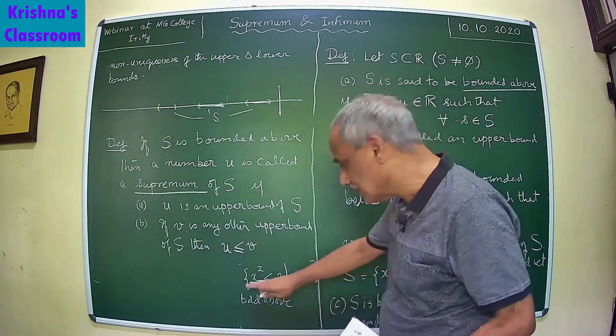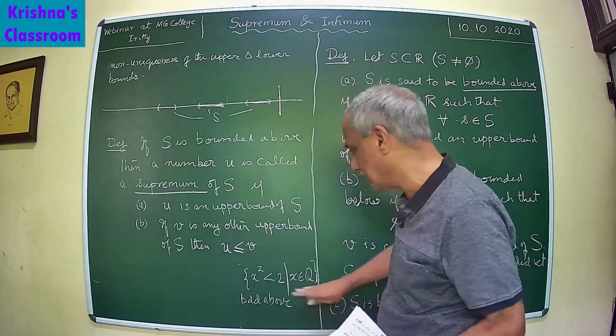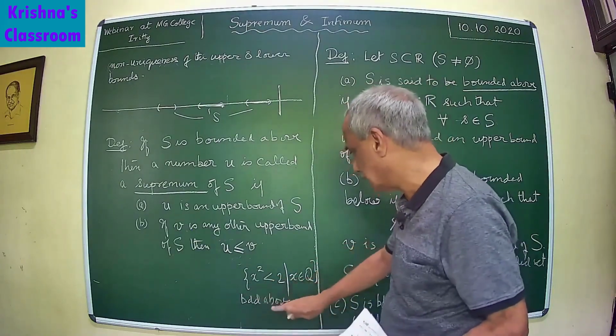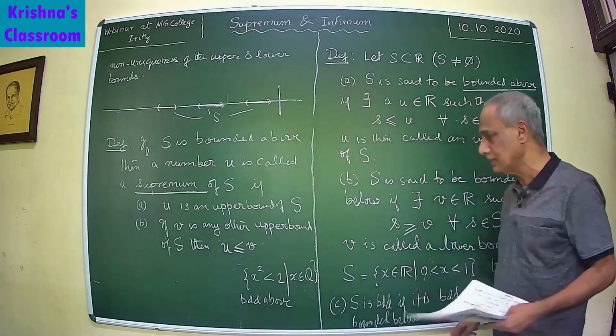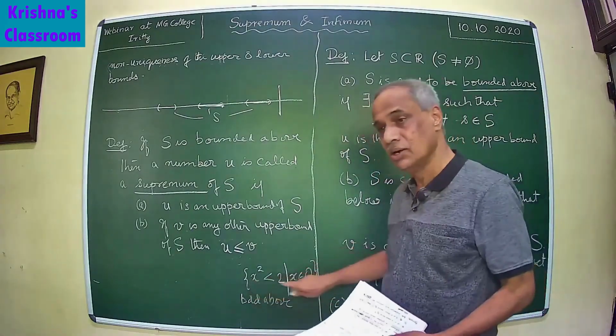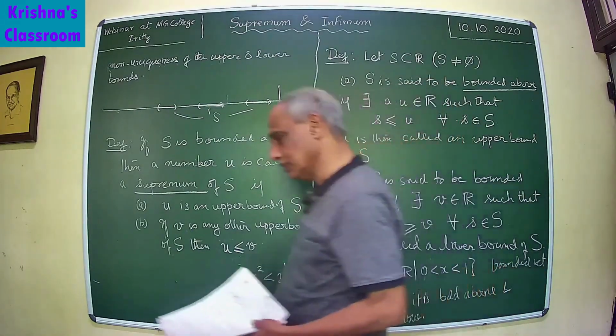Well, that's the problem. Now we have constructed R from Q such that such holes have been pegged, so that this set has an upper bound. Not only this set, all sets of this kind have an upper bound.